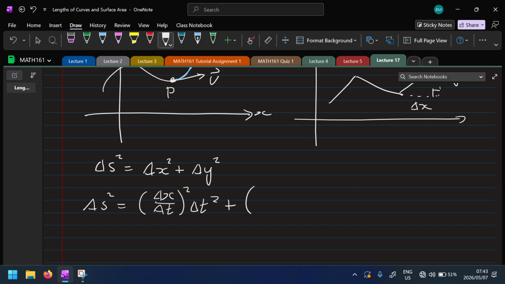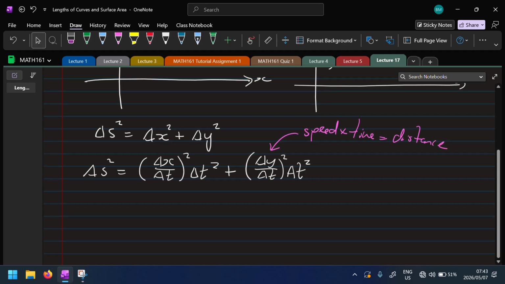Plus, the same thing for y. It's going to have some speed going up. Multiply that by the time, that gives us the distance. So this is going to be delta y by delta t squared, and then delta t squared. Again, this is just speed times time is distance.